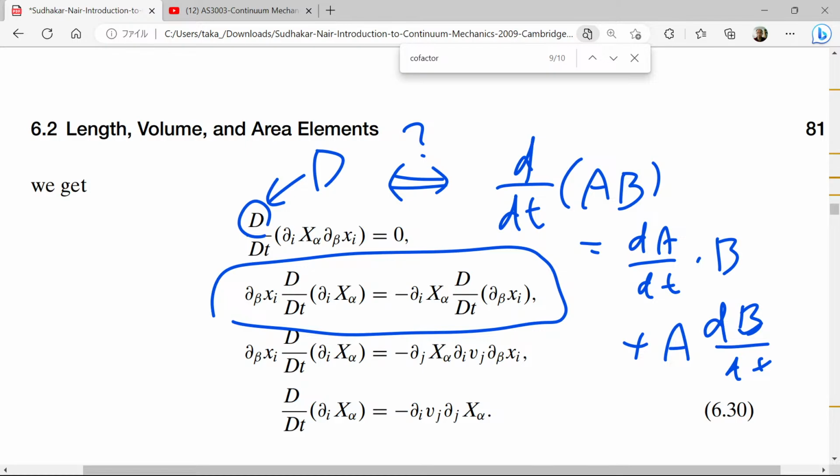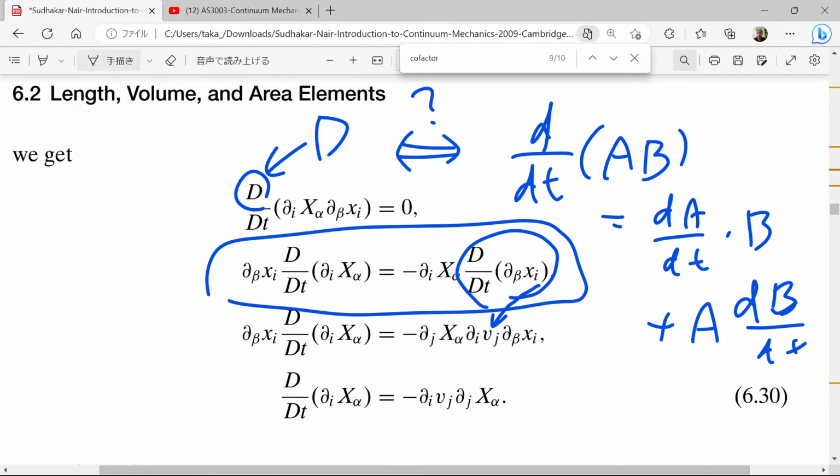Then you can see here we used the previous relation. So x was changed to v, right? For some reason, j and i are mixed. So strange. Is this a typo? I'm not so sure whether this is a typo or something.